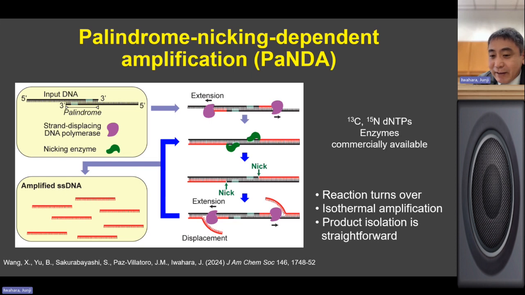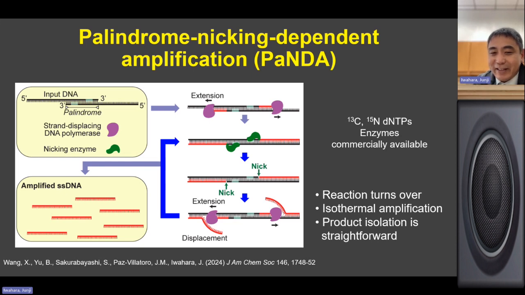But there are some other possibilities. But anyway, for example, if you use typical PCR enzymes like Taq polymerase, this doesn't work because it doesn't have strand displacing activity. And the optimal temperature range is different.